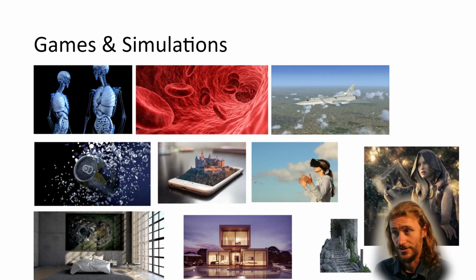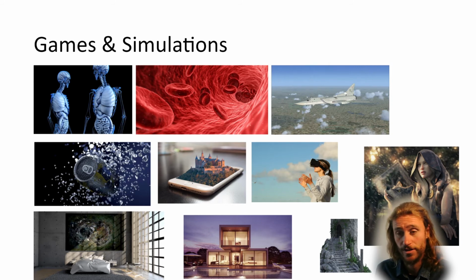Games and simulations. With Maya and other 3D programs, you can make all sorts of 3D art or 3D assets or 3D objects which can be used in many industries. They can be used for simulations like the image we see here with the blood cells, or internal organs for healthcare, or a flight simulator, or in a commercial or any other movie.